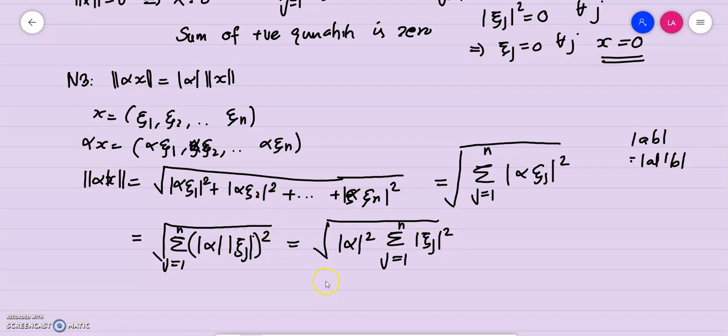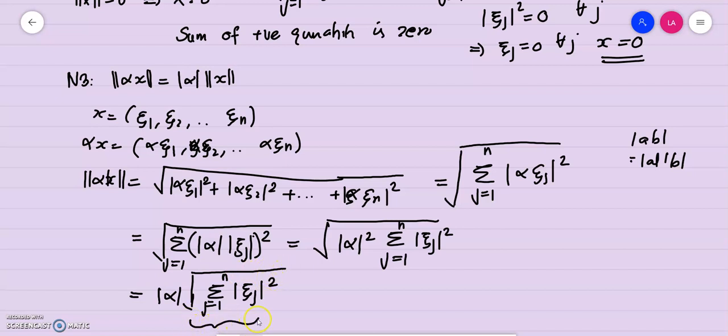Now modulus of alpha square and its square root can be taken as modulus of alpha, so this is modulus of alpha into summation j equal to 1 to n of modulus of theta j the whole square, and its square root.